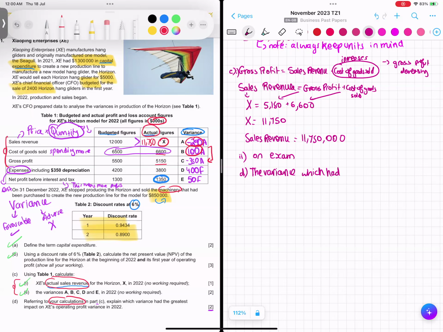The most adverse effect, or let's say impact, on XE's operating profit variance is the sales revenue, right?